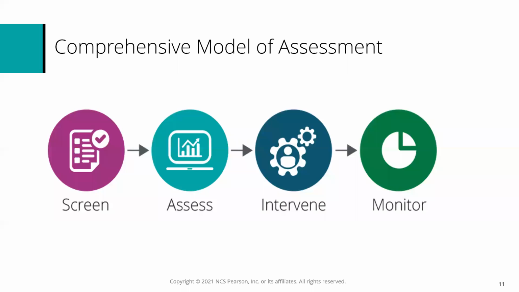And then from there, selecting and applying interventions based on the assessment data and monitoring those interventions, truly and effectively monitoring the effectiveness of the interventions so that they can be adapted if needed in order to ensure the student is getting what they need.